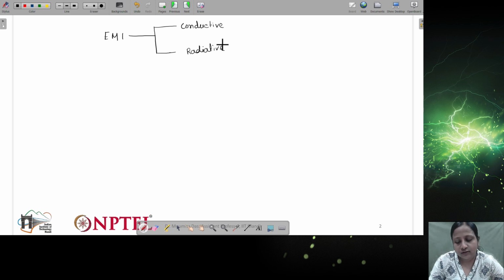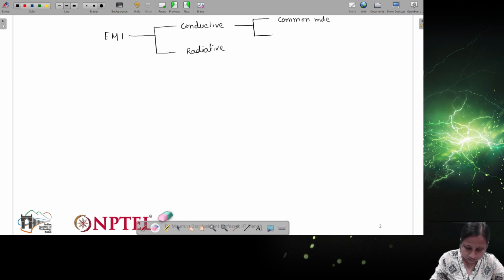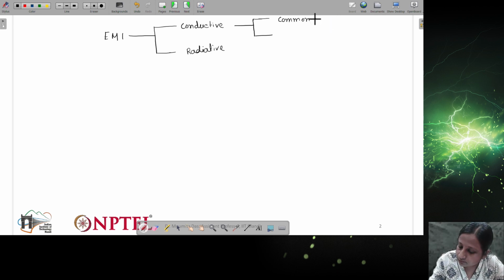In conductive type, there are two different types of EMI. One is common mode, or CM, which I represented in the last lecture, and the other is differential mode.